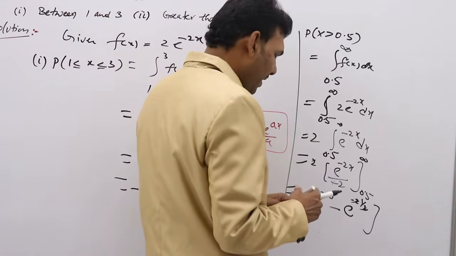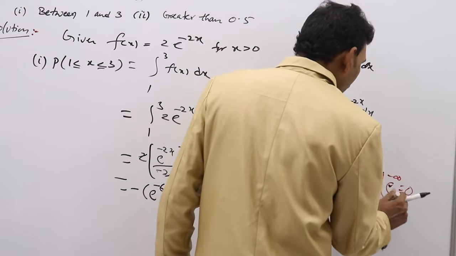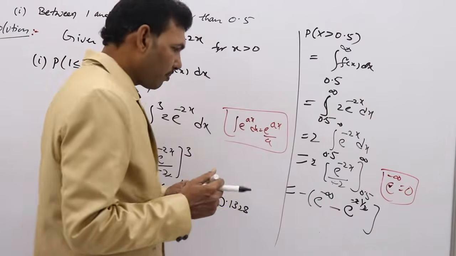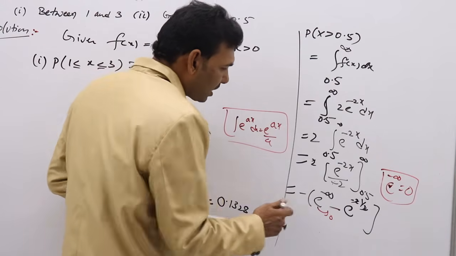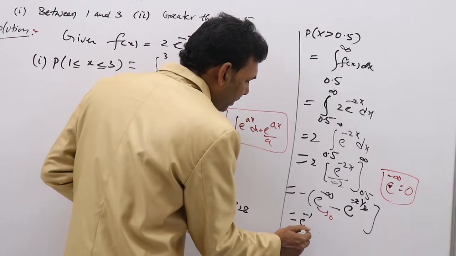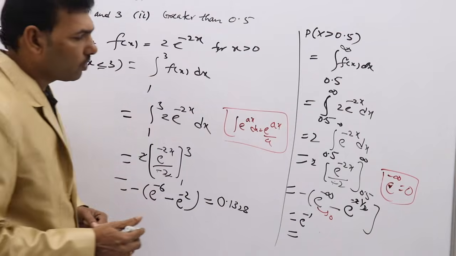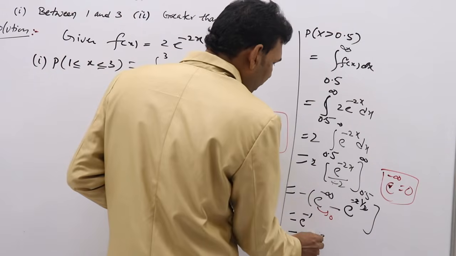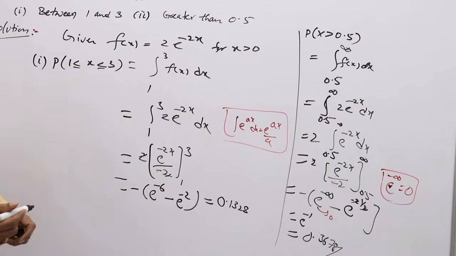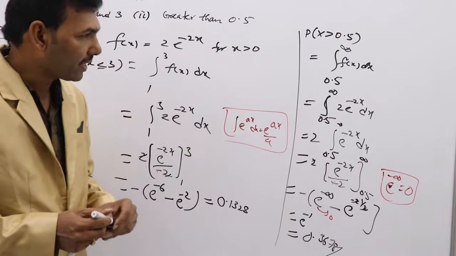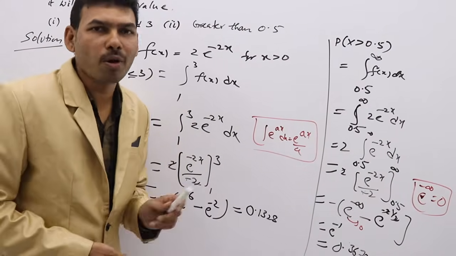We all know that e power minus infinity is 0, so that becomes 0. Minus into minus is plus, e power minus 1 you will get. Use your calculator to get the e power minus 1 value, 0.3678. Like this, whenever a density function is given, we can calculate the probabilities easily.